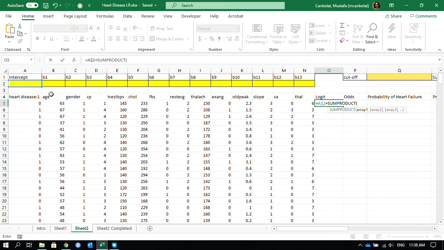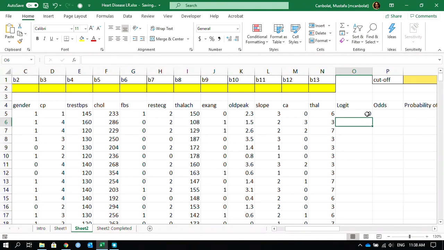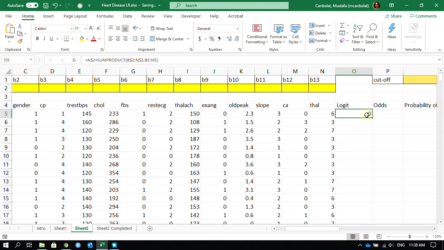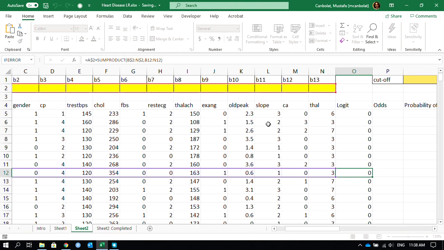We take these values and freeze them again, put a comma and multiply them with these. It is going to multiply them and sum them. So that's the logit for the first individual. Then just double click, make sure that it works. Yes, it is just using those coefficients and these values of the independent variables.